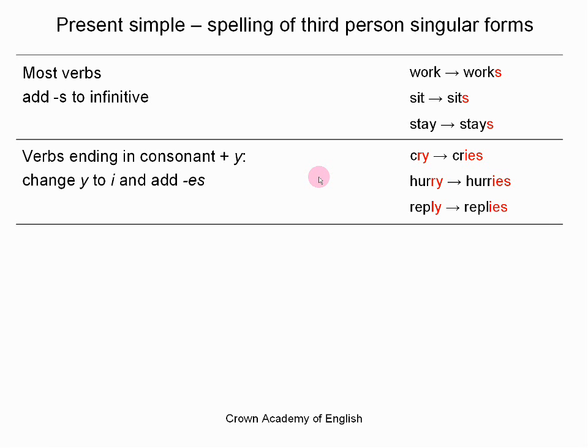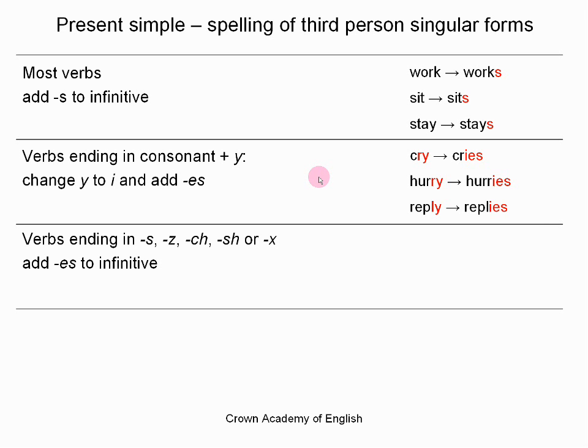Now let's have a look at the second exception. So verbs which end in either S, Z, CH, SH, or a letter X. For those verbs, we add an ES to the infinitive. So let's have a look at some examples. So miss becomes misses.